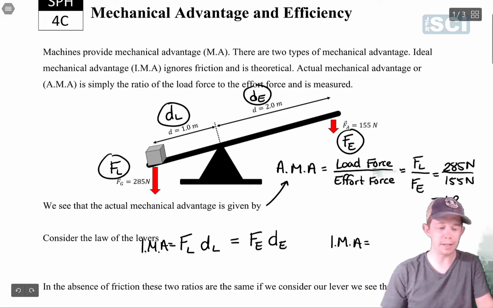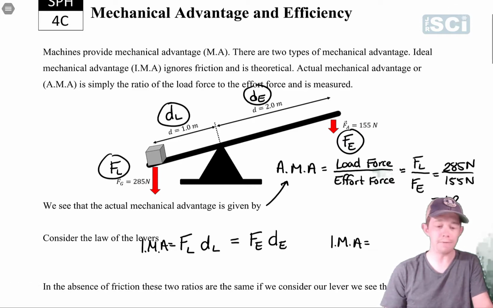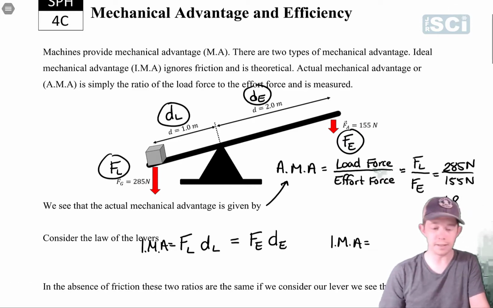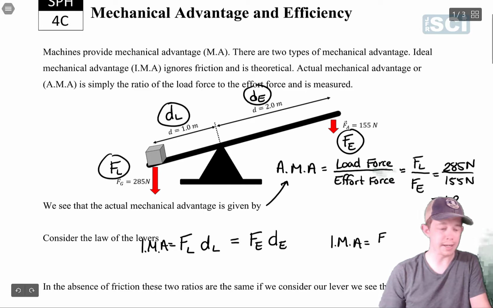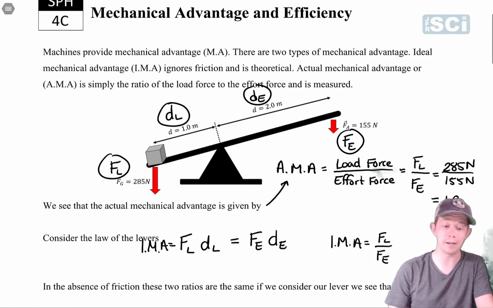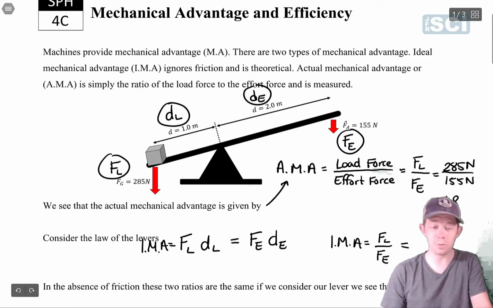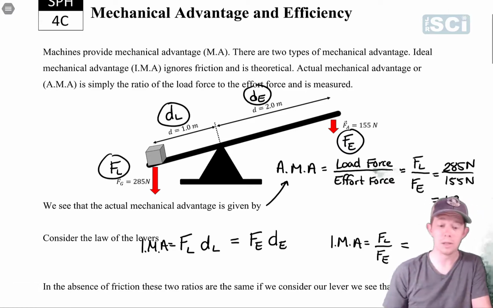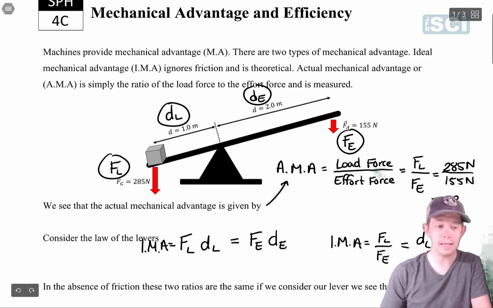So we'll do a little bit of rearranging here, and I can say that the ideal mechanical advantage can be rearranged. I can divide my FEs and dLs and make them into ratios, and I can get FL divided by FE, which looks a lot like my ideal mechanical advantage, should be equal in an ideal world to dE divided by dL.